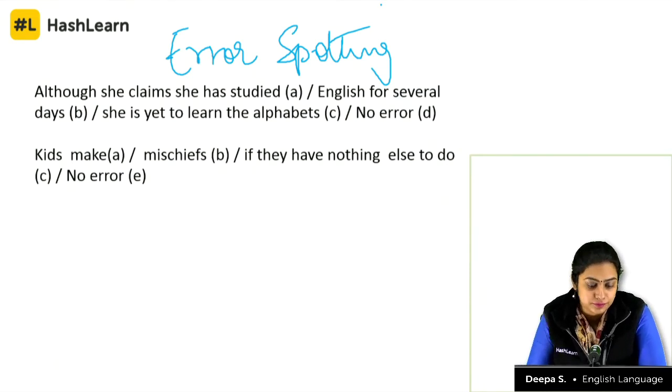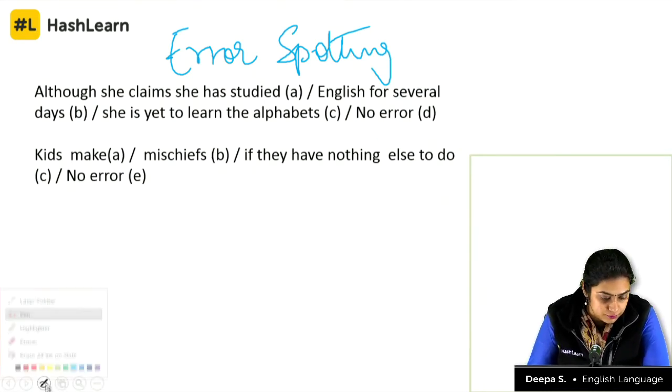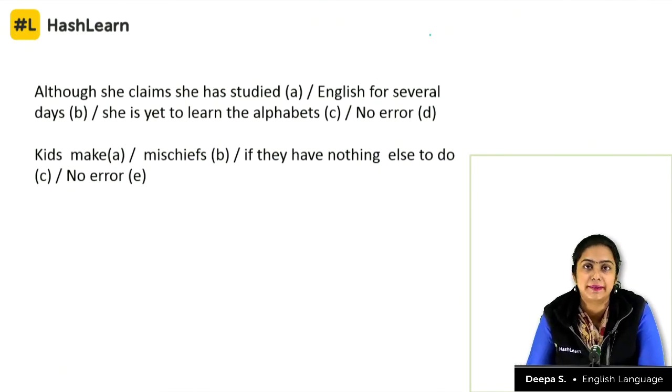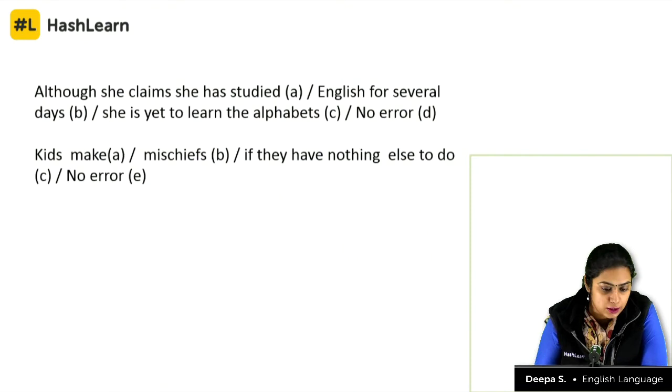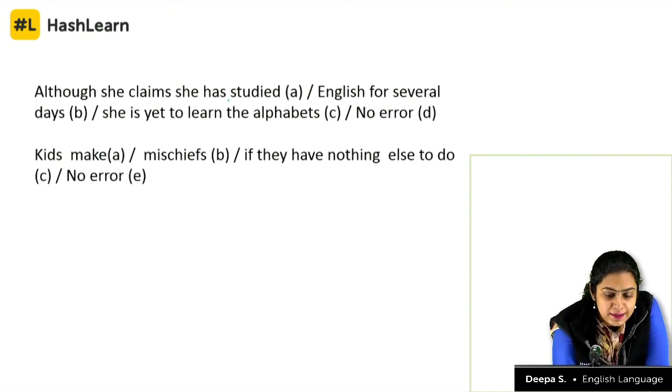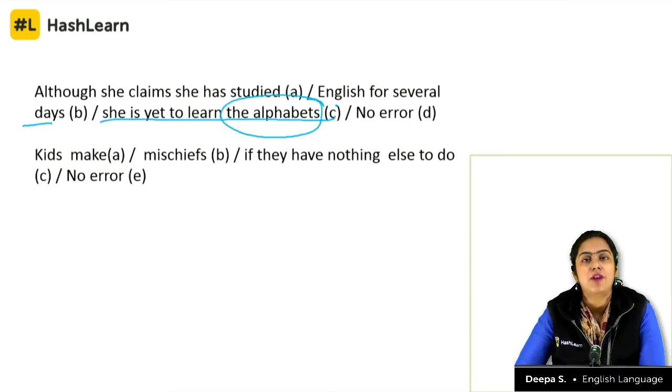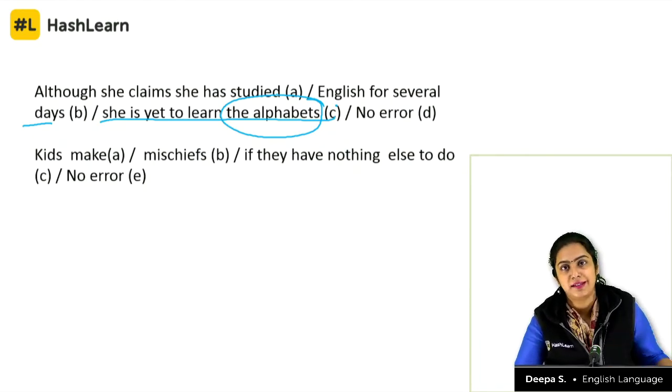That's it. In case there is no error, you just mark no error and move on to the next question. Now look at this. Although she claims she has studied English for several days, she is yet to learn the alphabets. At one go, you might think this is right, but that's not the case.